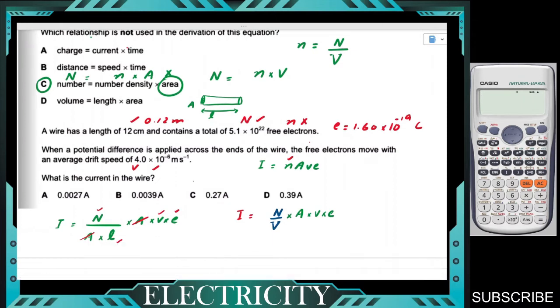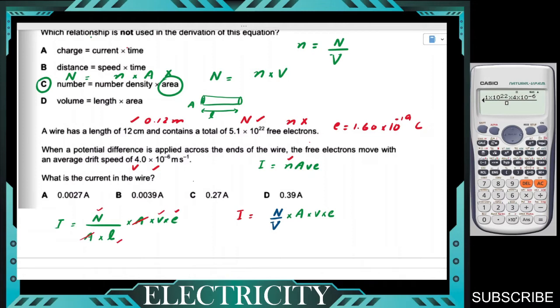So here we have this one. Fraction, and then 5.1 into 10 raised to the power, how much is that? 22. 10 raised to the power 22 times v, make sure you're not writing everything else in exponent. So v is 4 into 10 raised to the power -6. Okay.